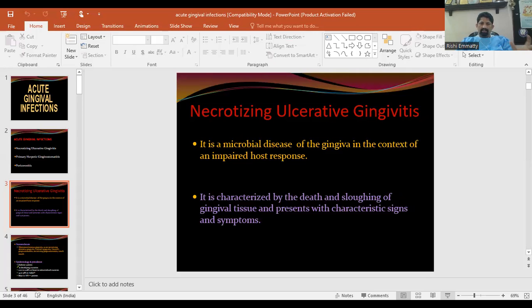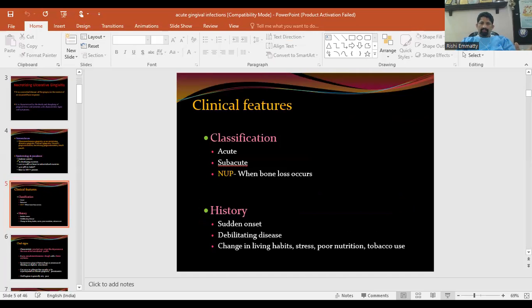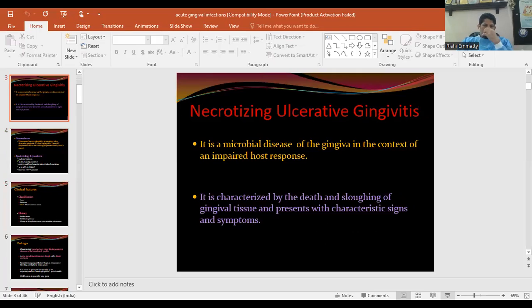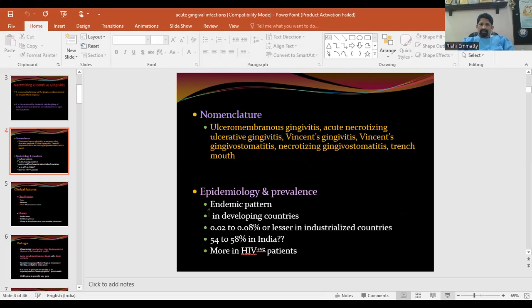It has typical signs and symptoms unlike other diseases, so seeing that clinically, you will be able to diagnose it as necrotizing ulcerative gingivitis from the particular signs and symptoms presented by the patient.